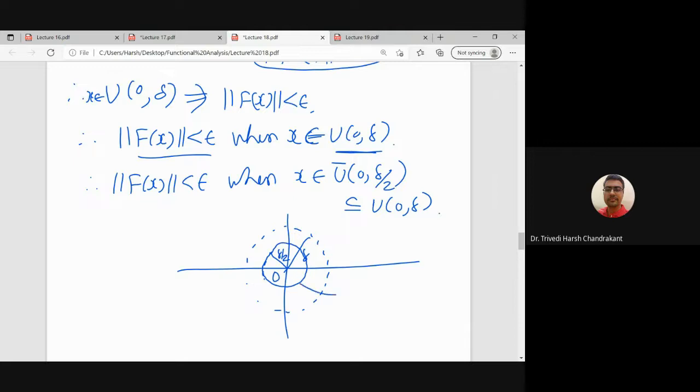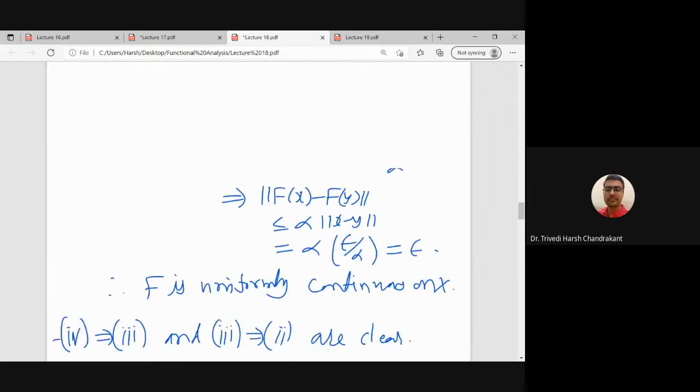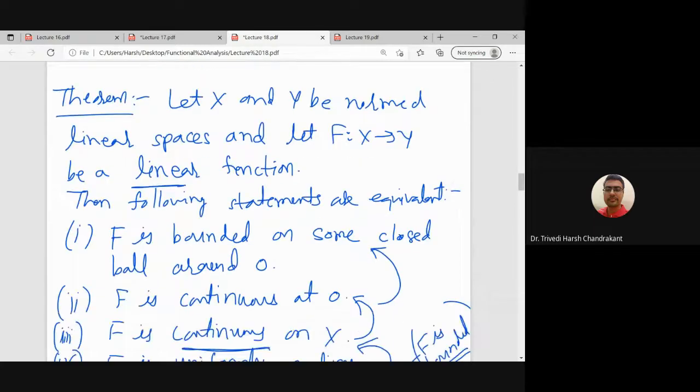So this is the closure of U(0, delta/2), and this is U(0, delta). We can halve the radius or take a smaller radius, then the closed ball will be contained in that open ball, and since this holds for all elements of the bigger ball, it also holds on the closed ball. So that is the first condition: it is bounded on some closed ball around origin.